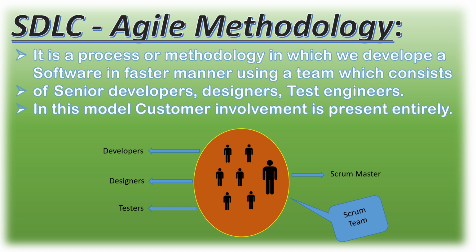In this model, customer involvement is present entirely in the project. As you can see in the diagram, there are a lot of team members, including one Scrum Master. There are a lot of developers, designers, and testers. This is called the Scrum team.